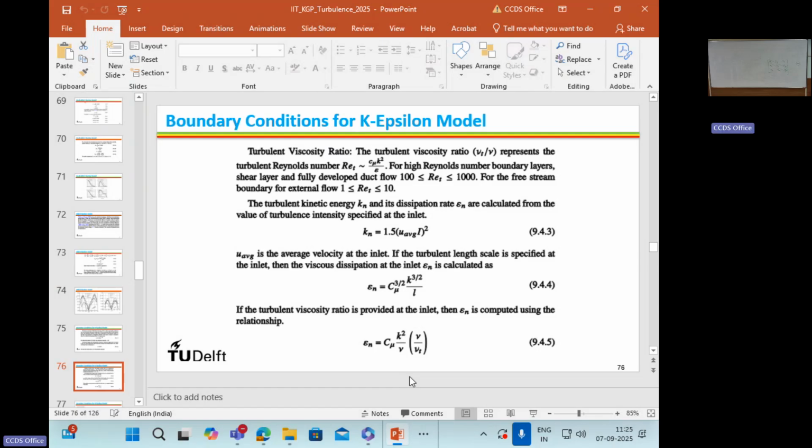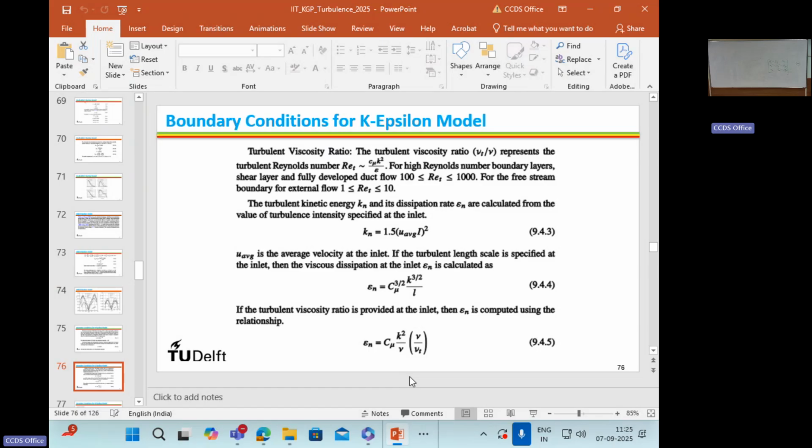At the inlet, you can provide the kinetic energy boundary condition. From average velocity multiplied by intensity, you square it, you will find the dimension of K, and you can specify the turbulent kinetic energy, right? Similarly, epsilon normal to the wall, you can specify. Once you calculate the turbulent kinetic energy and the mixing length, you can specify the epsilon at the inlet.